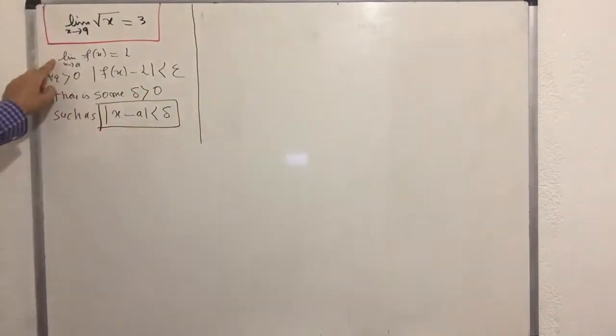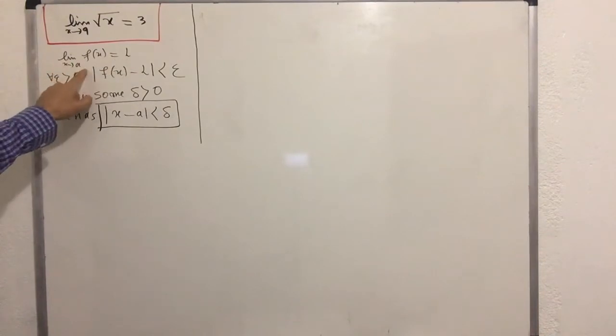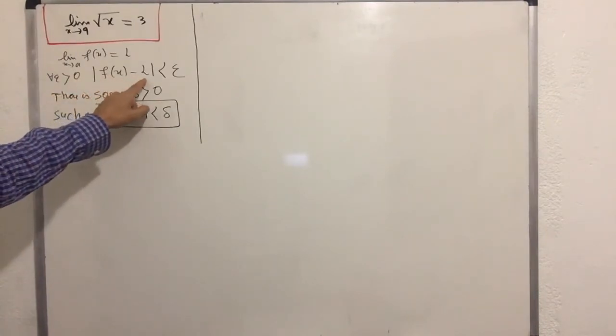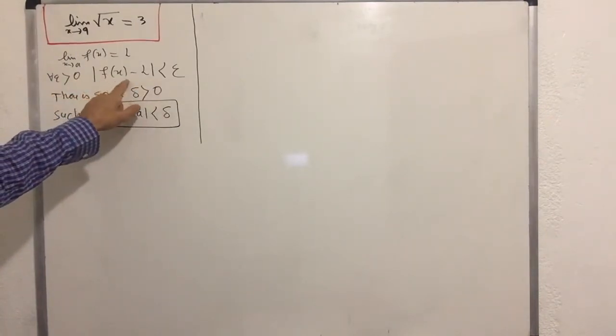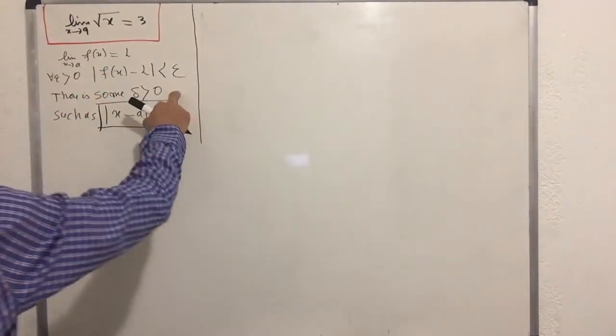As the limit definition says, the limit of f of x equals L when x approaches the point a if for all epsilon greater than 0, the absolute value of f of x minus L is strictly inferior than epsilon.